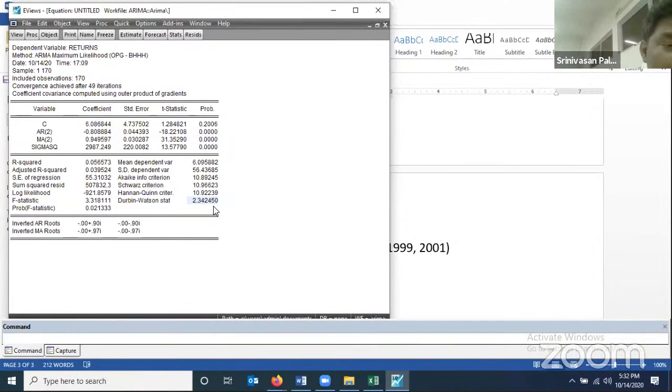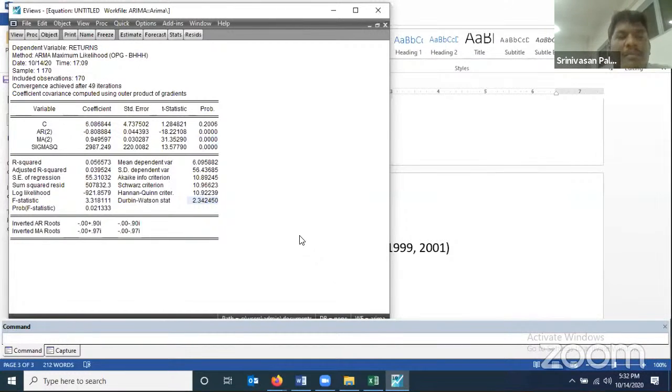What is the first step? Appropriate P and Q. Due to time, we identified this; almost all conditions are satisfied, but the Durbin-Watson test is 2.34, a slight problem of autocorrelation that we have to take care of by repeating the procedure.